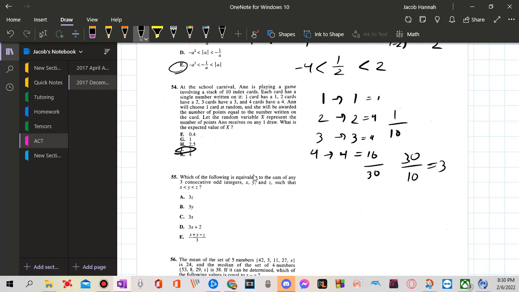Which of the following is equivalent to the sum of any 3 consecutive odd numbers, x, y, and z, such that x is greater than y and z? Sum of any consecutive odd numbers.